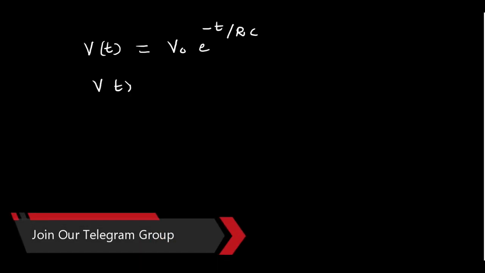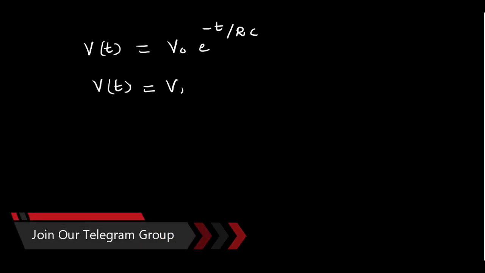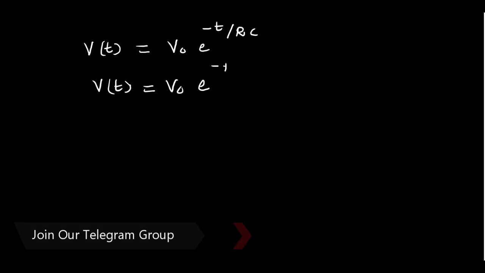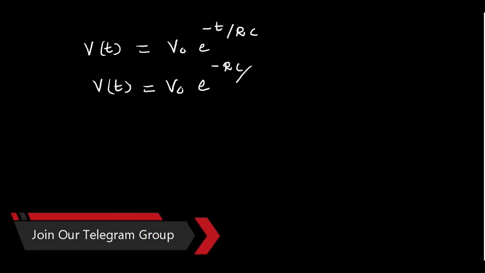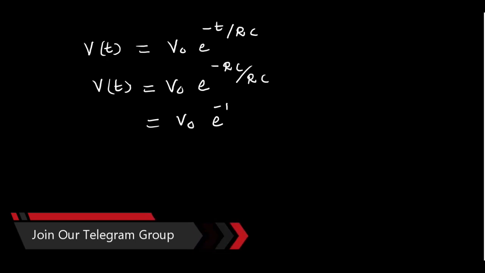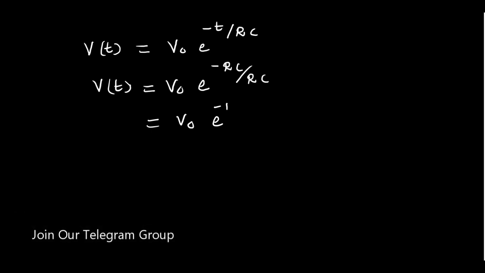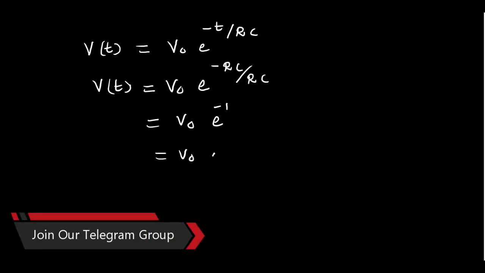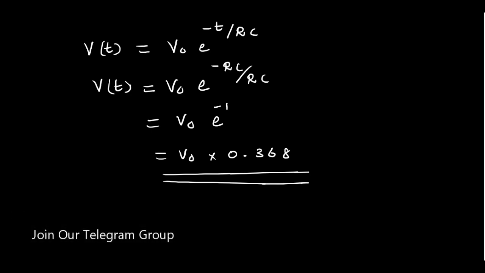What will I do? V0 e to the power... What is one time constant? That is RC. Instead of t, I will put RC. RC upon RC. This is equal to V0 e to the power minus 1. What is e to the power minus 1? That is V0 multiplied by e to the power minus 1 equal to 0.368. See, like this I am calculating for the previous table.